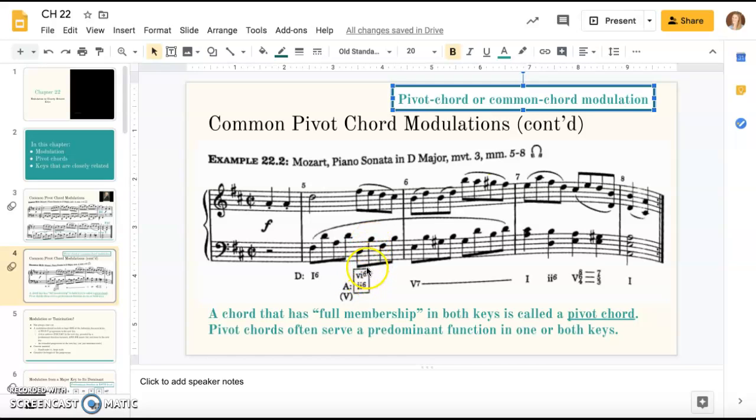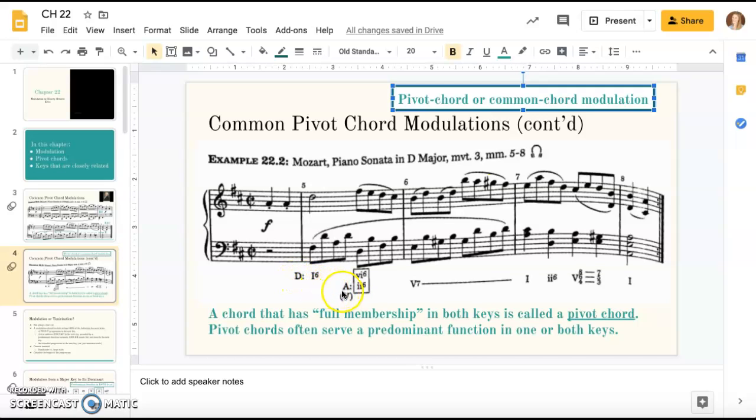Now this B minor chord is also in the key of A. So we can use this B minor chord to pivot to the key of A, to pivot to the dominant key. This key of A is related to the key of D. We know that because A is the dominant in the key of D.